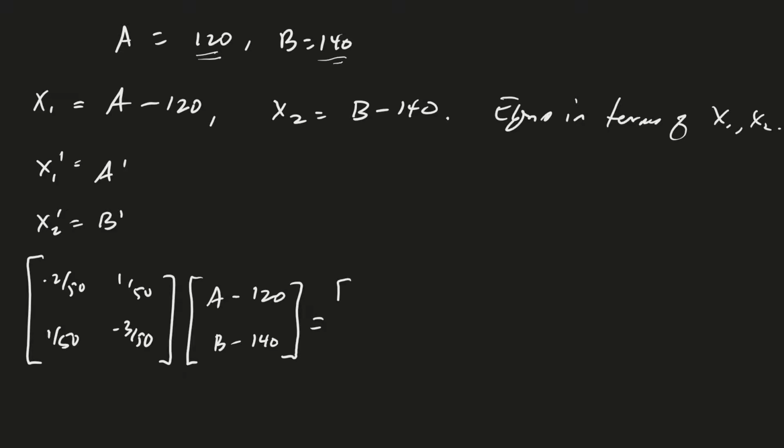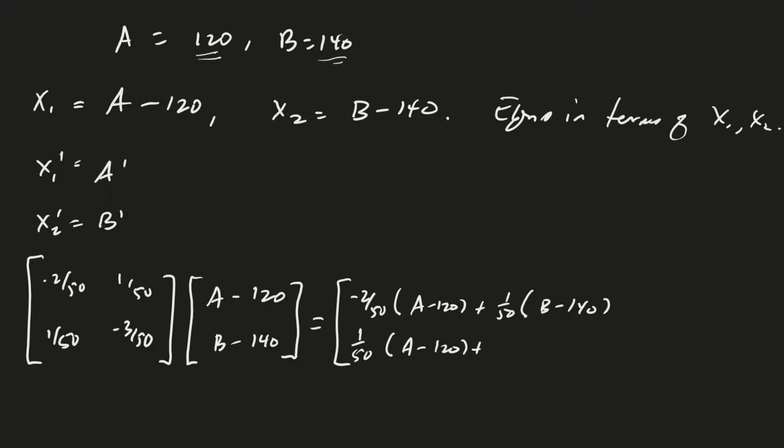Let's see what I get. I'm going to get minus 2 over 50 times A minus 120 plus 1 over 50 times B minus 140 on the top, and on the bottom I'm going to have 1 over 50 times A minus 120 plus minus 3 over 50 times B minus 140.